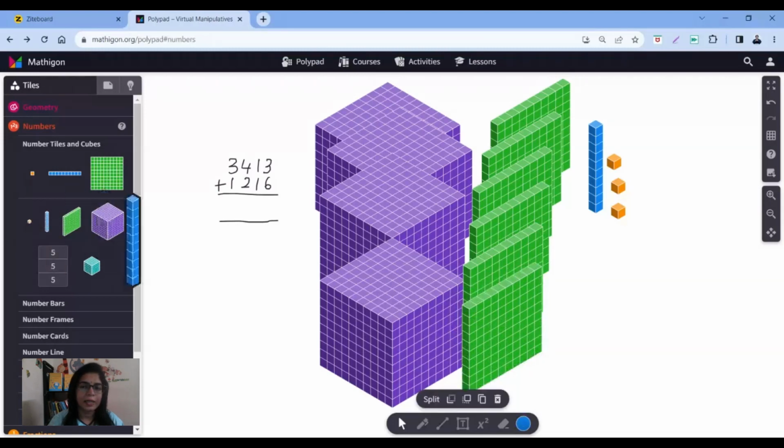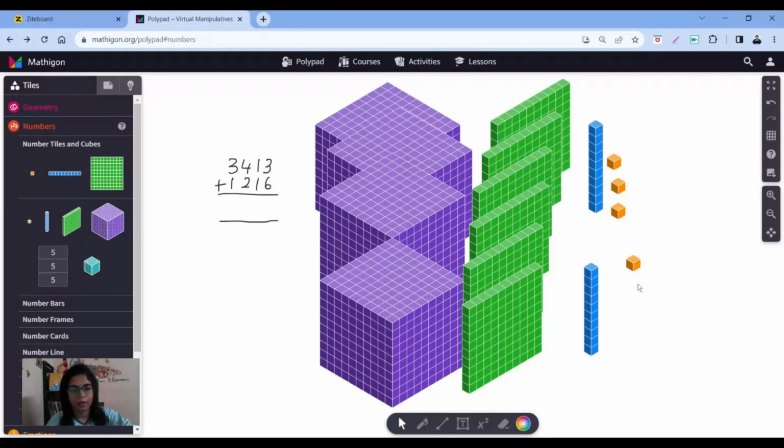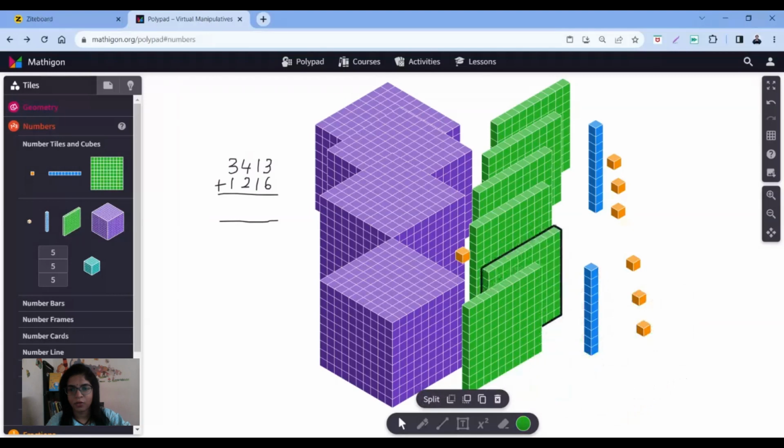Then 16 means one ten and then 6 ones, right? So there's a 4 there, a 5 and a 6.